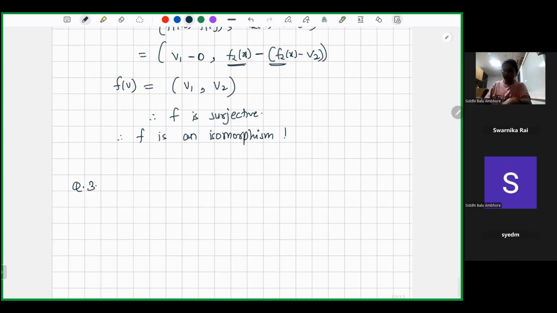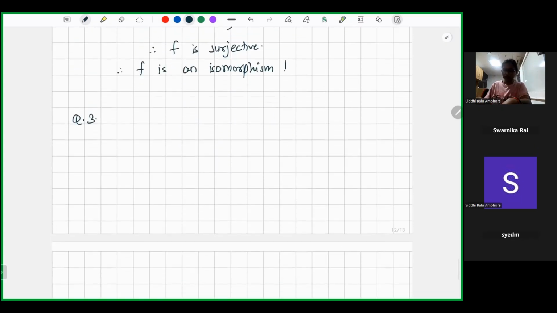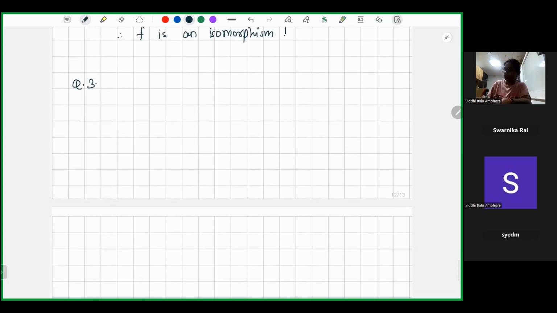So this question I want to do because it asks to determine whether the following maps f on a K vector space are linear.